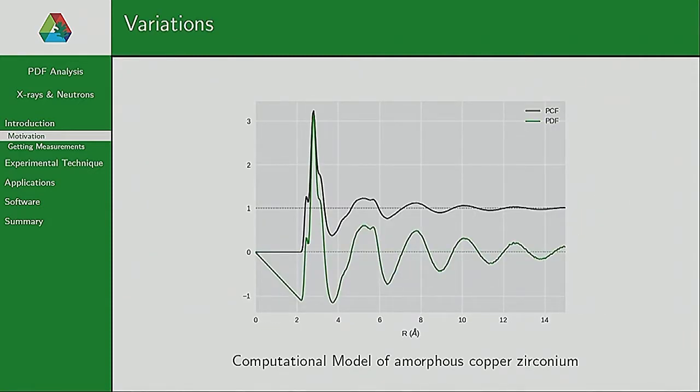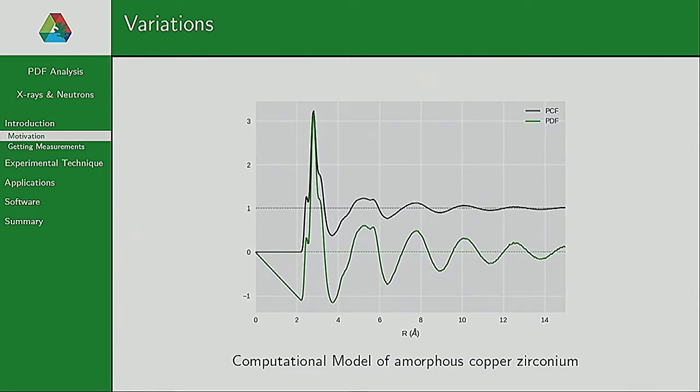And more specifically, we can break down PDFs into a bunch of different subcategories based on what we're looking at. In pair distribution functions, we scale this probability of finding atoms with respect to a random distribution, where it's normalized about 0. As we see, we start off with a downward slope, which gives us information about the density of the system we're looking at.